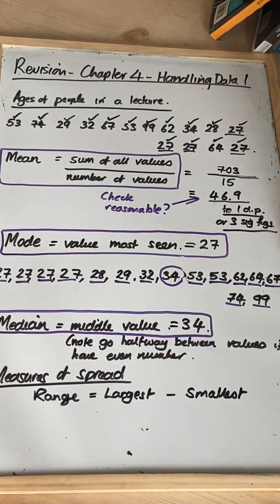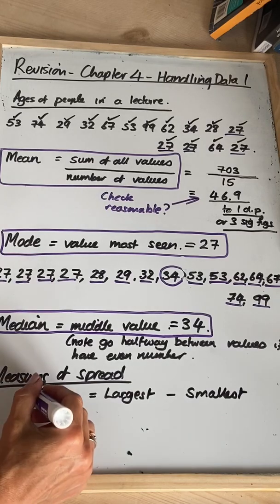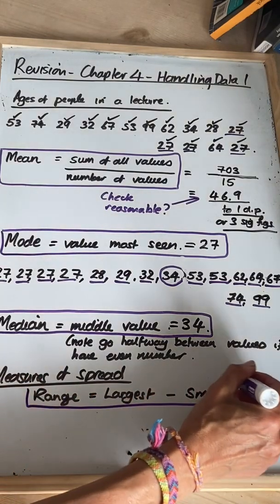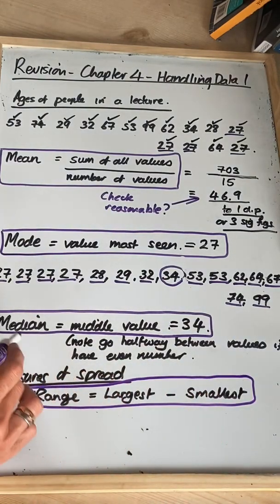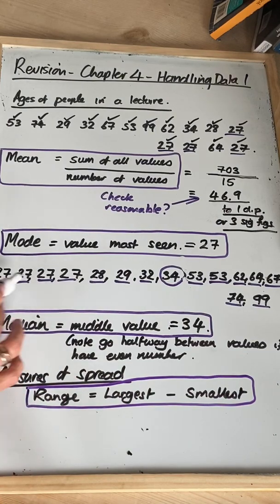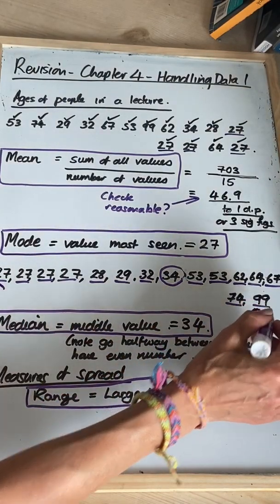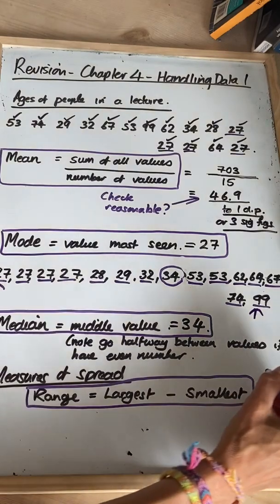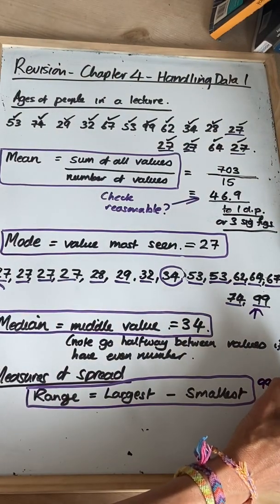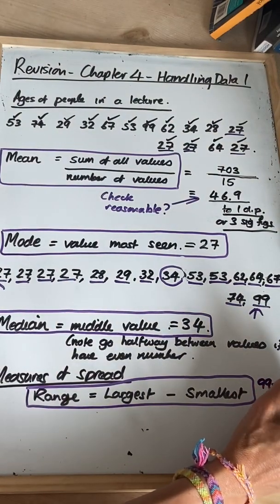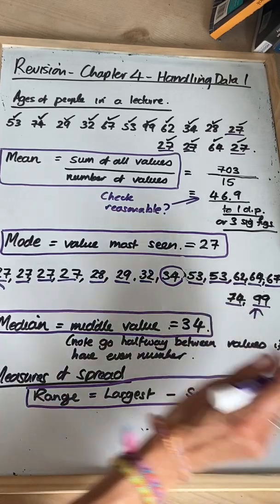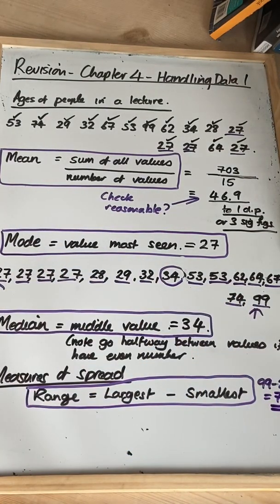Because we've got our data in order, and you do need your data in order for both the median and the range, your smallest data item is 27 and your largest is 99. So it's 99 minus 27, which I believe is 72. So the range of ages of the people in this room spreads over 72 years. That sort of makes sense, doesn't it?